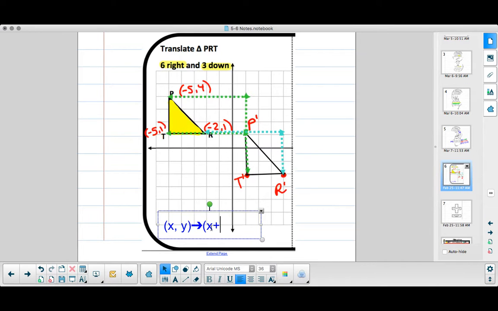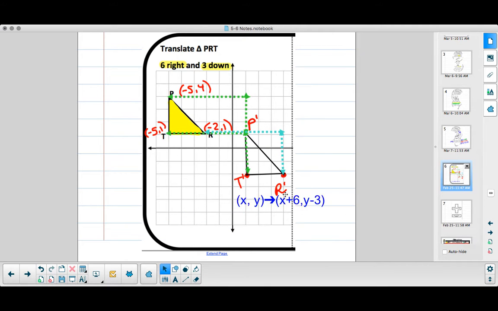So we're going to write x plus 6, comma, and then since we went down 3, that means we are decreasing y by 3, or subtracting 3. So the rule for this translation, if you wrote it in arrow notation, is x comma y, then you draw an arrow, and then it translates to x plus 6, comma, y minus 3.